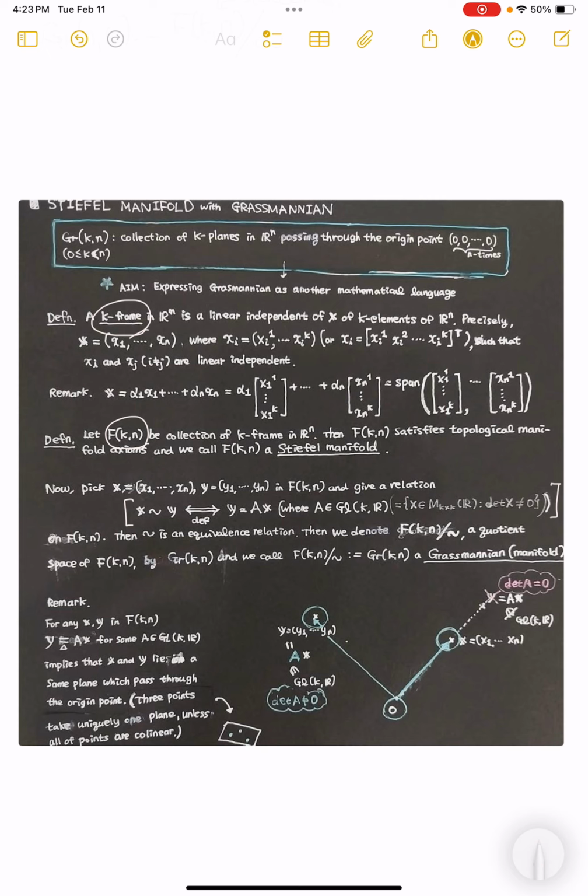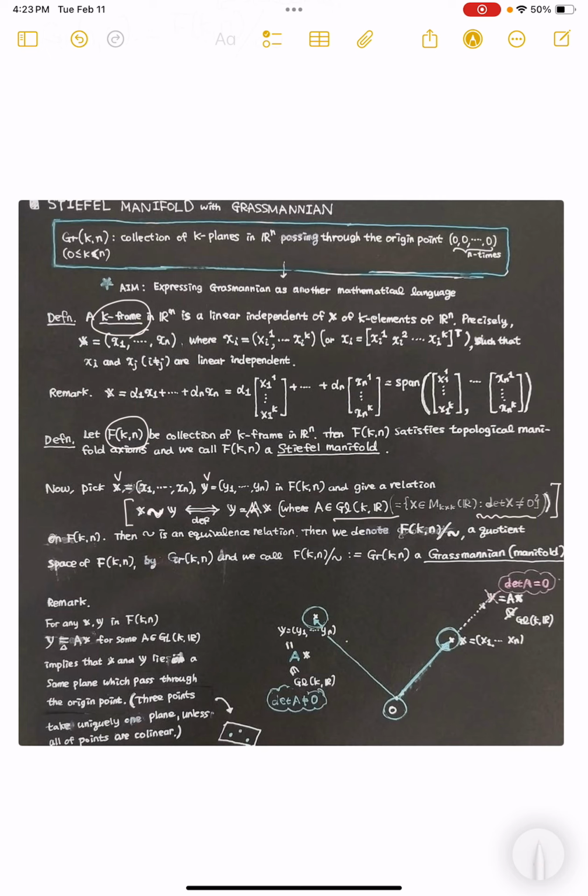We take the Stiefel manifold elements, and the equivalence relation means that there exists a general linear map A whose determinant is non-zero such that y is equal to Ax.